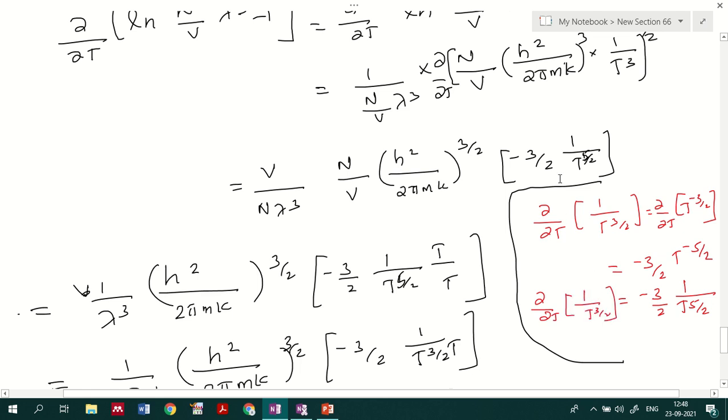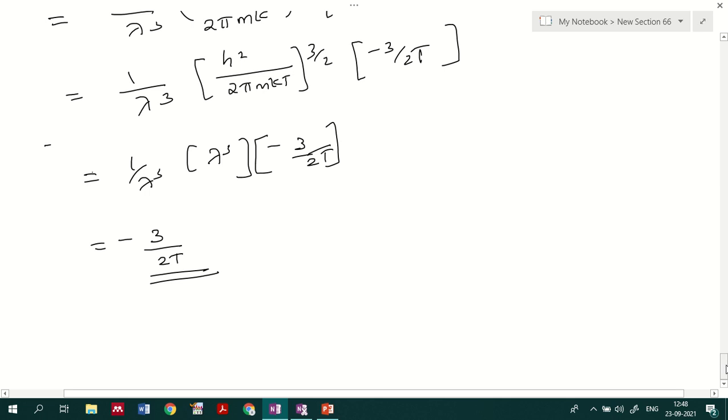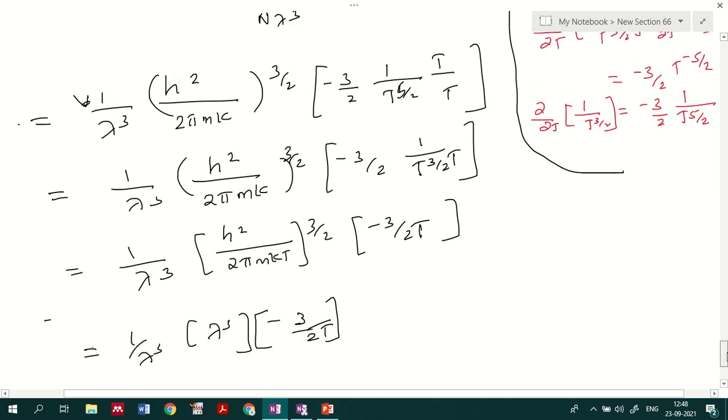So in that way you have to do a correction in all cases as well. So this will be our 1 by t raised to 5 by 2. So this t raised to 3 by 2, if I need to write it, you have to multiply and divide by t, then it will be t raised to 3 by 2 into t, this is how it will come.